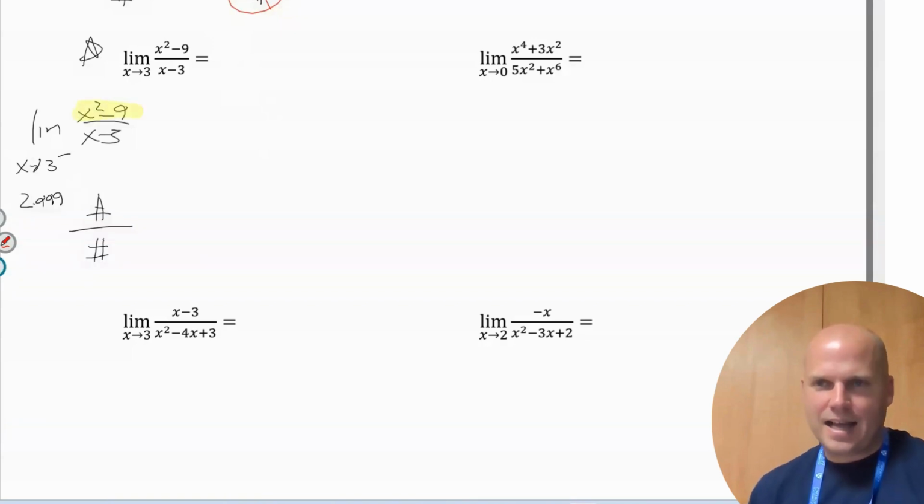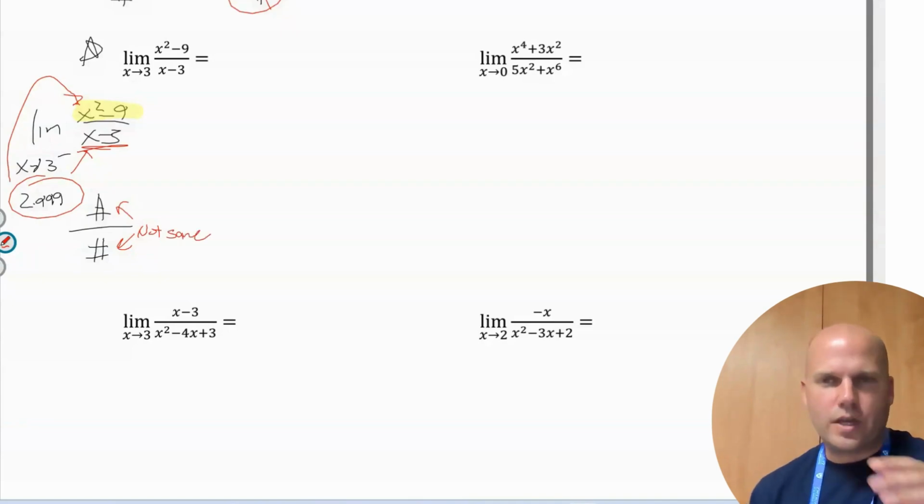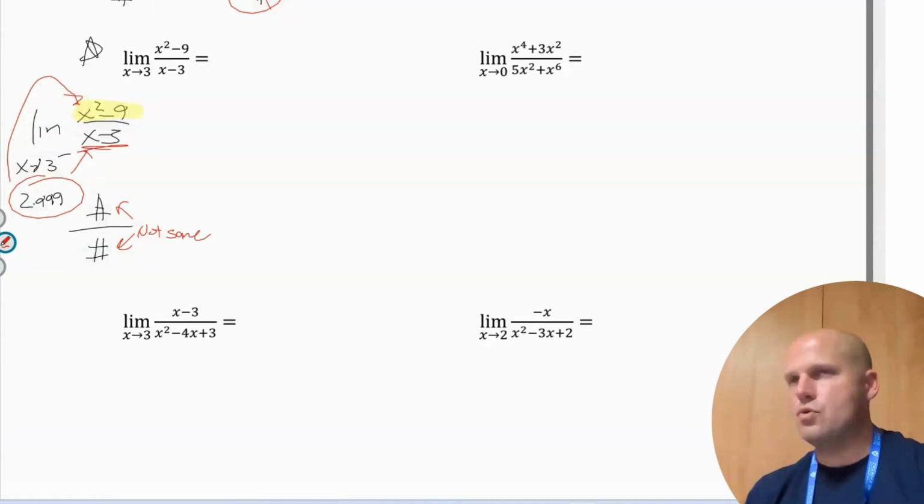This is not the same as this. They are different. That means if you plug in this in here and that in there, you do not get the same. You can't cancel those. You can't say it's 1. You can't say it's infinity. You can't say it's 0.